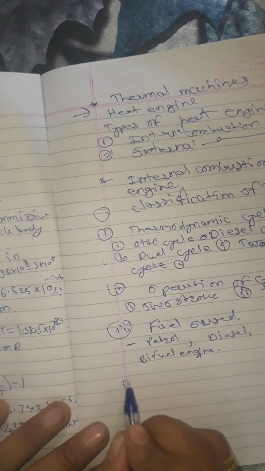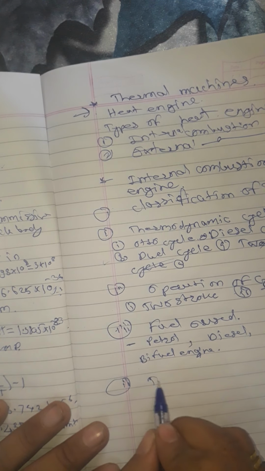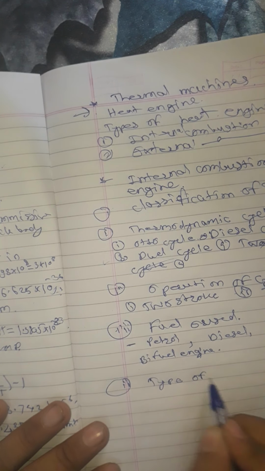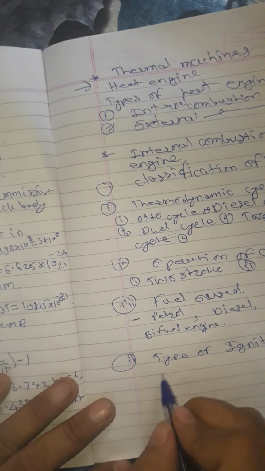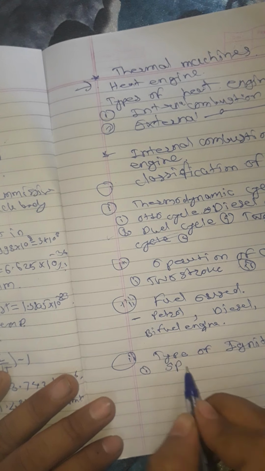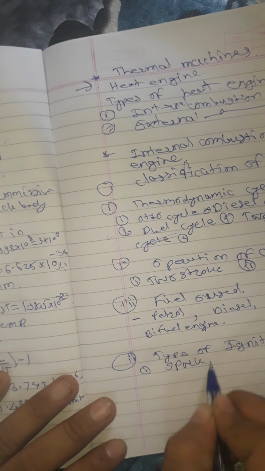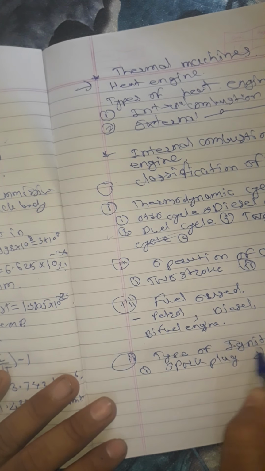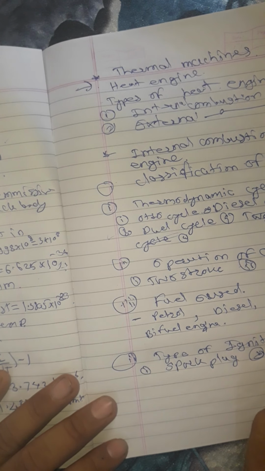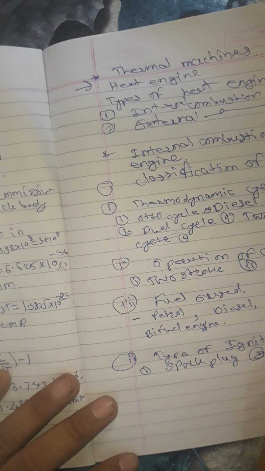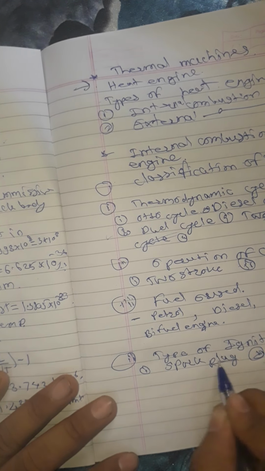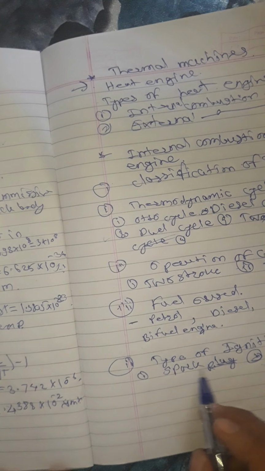Next, type of ignition. First, spark ignition or SI engine. Second one is compression ignition.